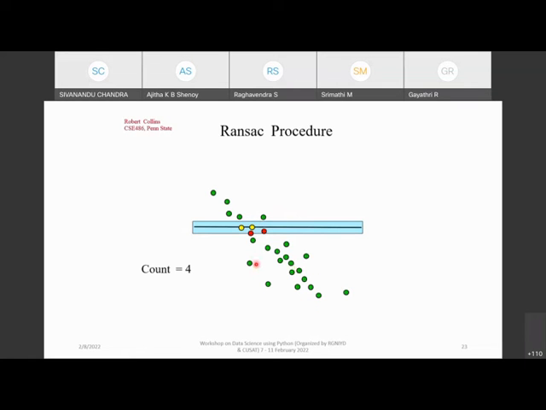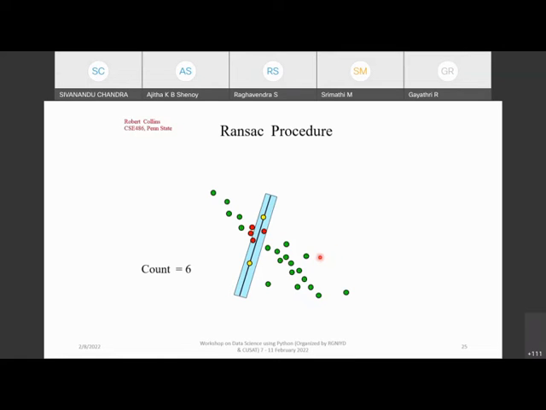So what do you have to do now? You select the next 2 points uniformly randomly. I will select these 2 points next and find the equation of the straight line passing through them. Again I will see how many points are inliers based on the distance formula. Now I can see that 6 points are inliers, other points are outliers.